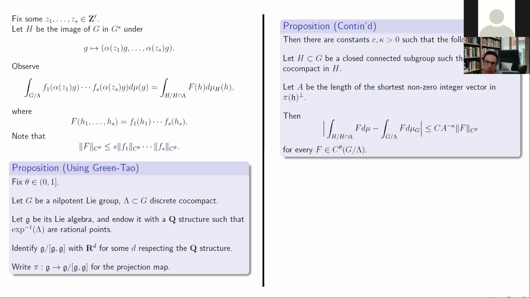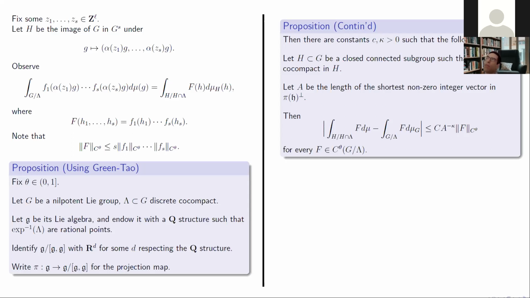You take a subspace of R to the D, which needs to be a rational subspace spanned by rational vectors, and then this subspace will sit inside the torus in such a way that it will wrap around and give you another torus, a subtorus.